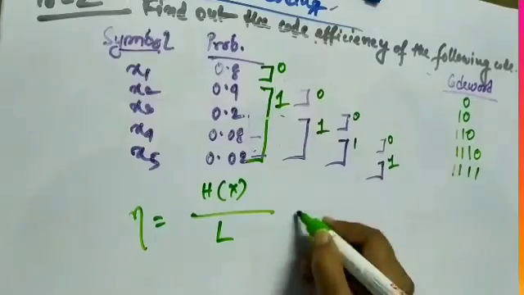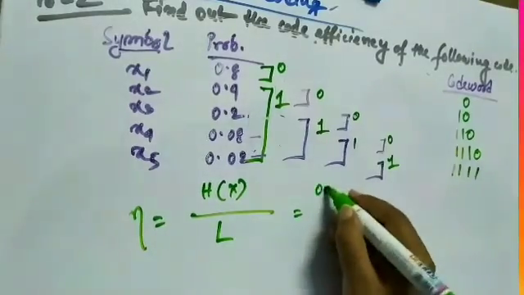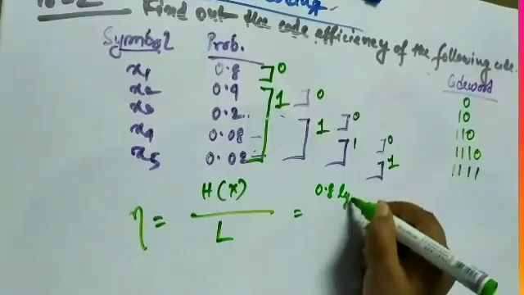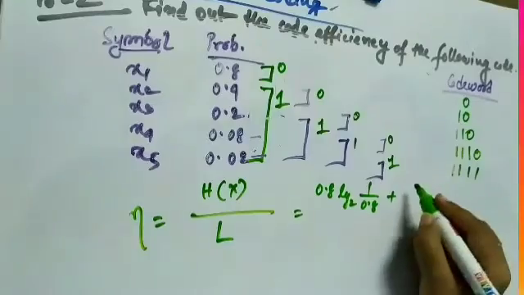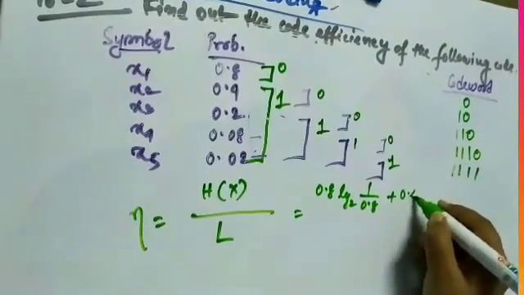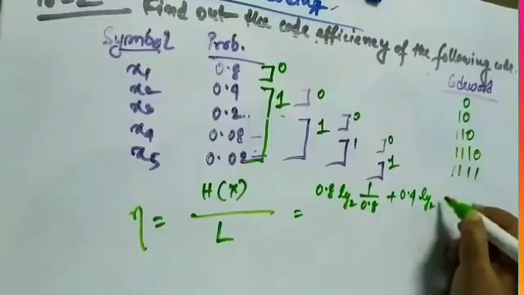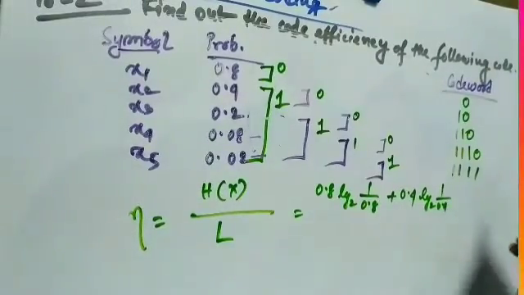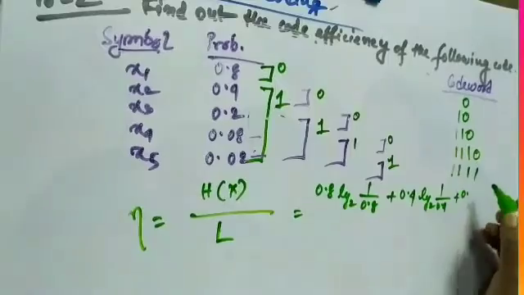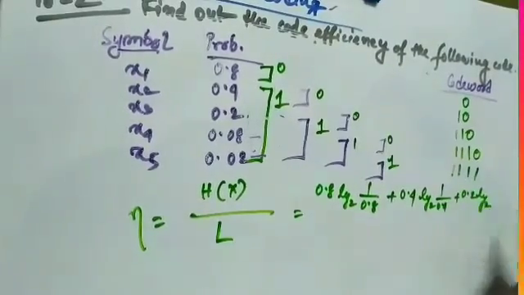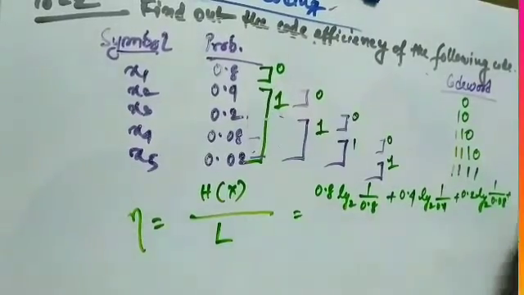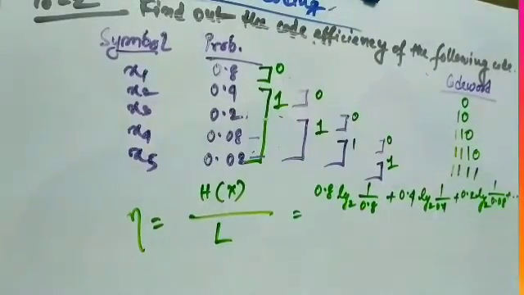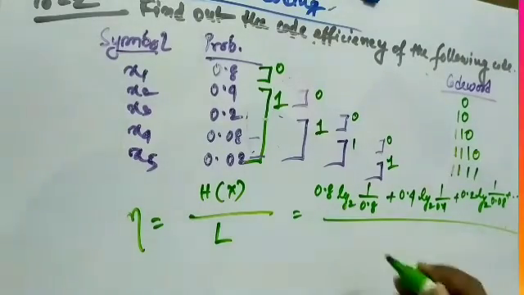So the value will be 0.8 into log 2 of 1 by 0.8, plus 0.4 into log 2 of 1 by 0.4, plus 0.2 log 2 of 1 by 0.2, plus 0.08 log 2 of 1 by 0.08, and last one 0.02 will be written in the same way.